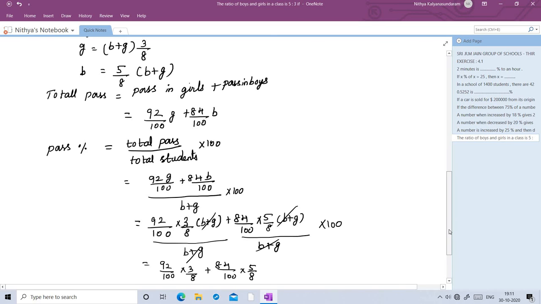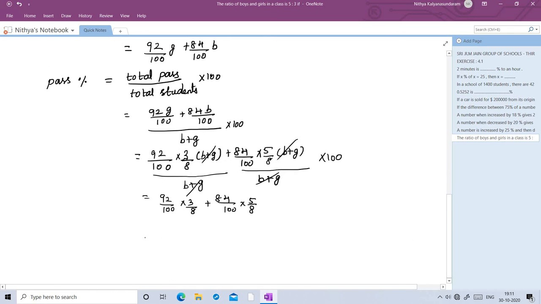So multiply. 92 into 3 is 276 by 800 plus 84 into 5 is 420 by 800. So the denominators are the same. So add only the numerators. 276 plus 420 is 696 by 800. So we are into 100. So that 100 also together you can write into 100.